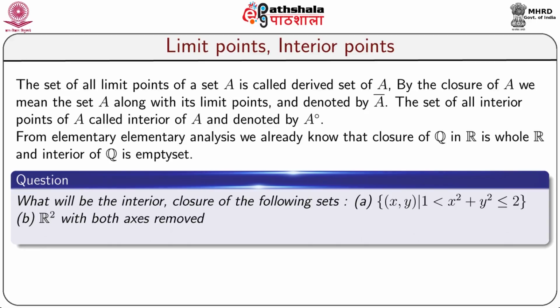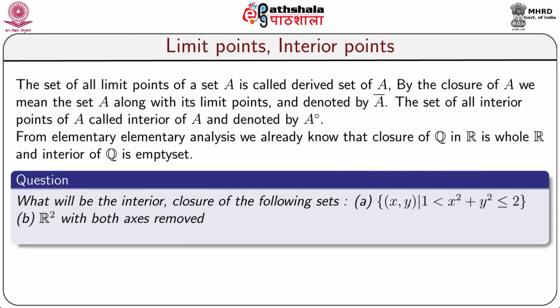That means it is an annular region. The outside boundary is included in this annular region, but the inside boundary is not. So, what will be the closure? In the closure, the inside boundary will be included, and to determine the interior, we just have to exclude the outside boundary.